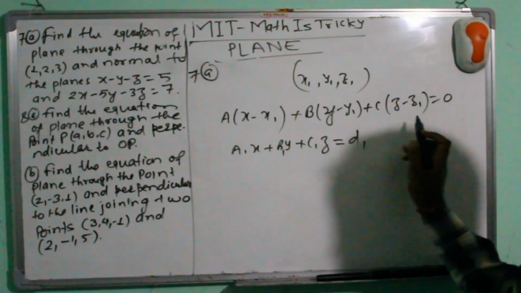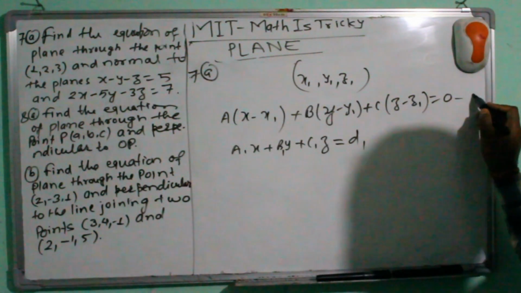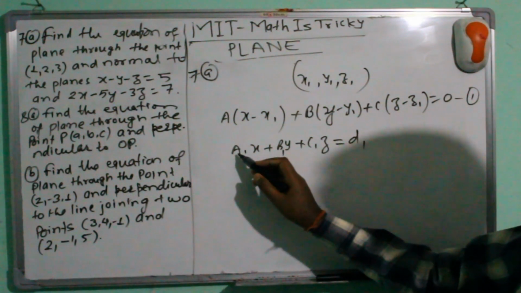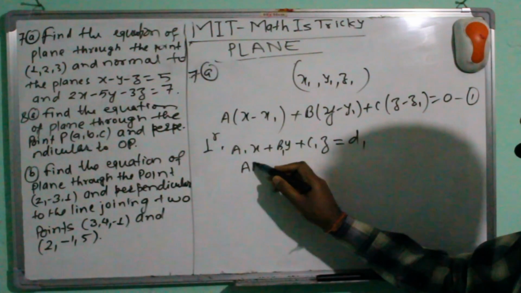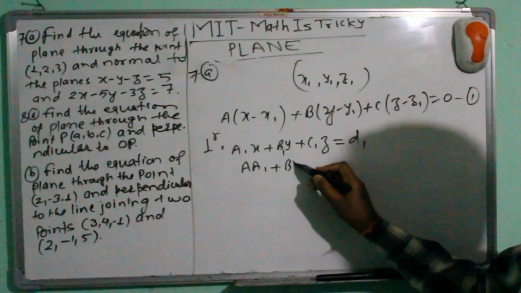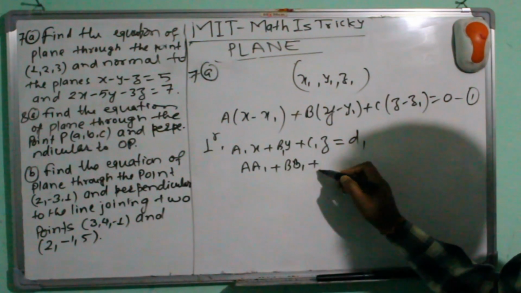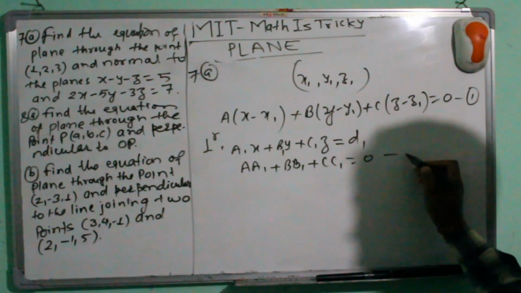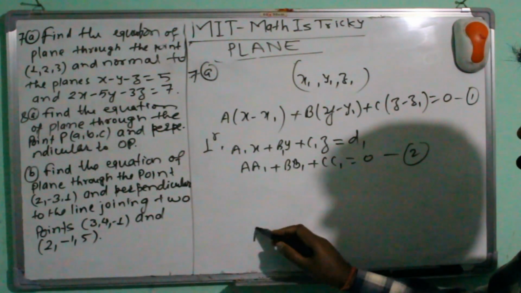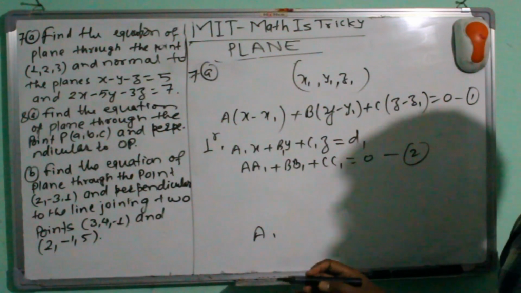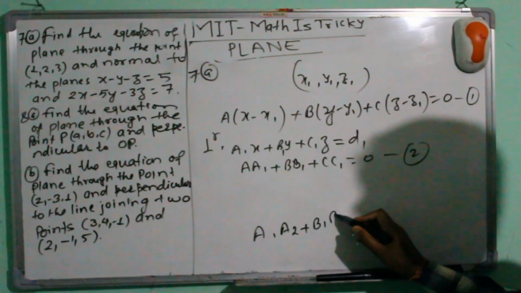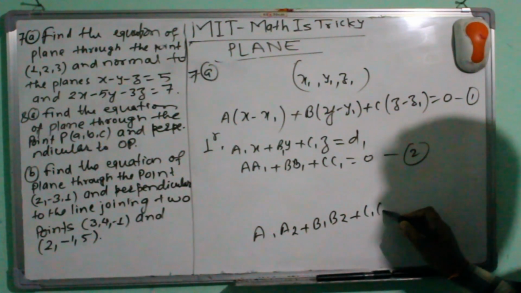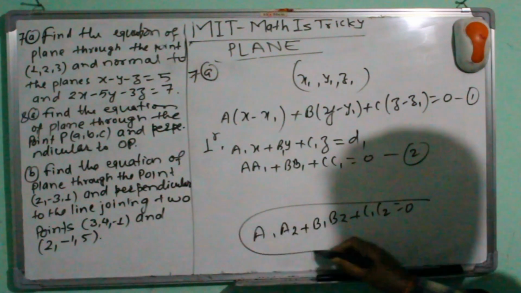Suppose the required plane 1 is perpendicular to this plane, so we can write a a1 plus b b1 plus c c1 equals 0 by the condition of perpendicularity. If two planes are perpendicular, we can write a1 a2 plus b1 b2 plus c1 c2 equals 0. This is the condition I'm using.